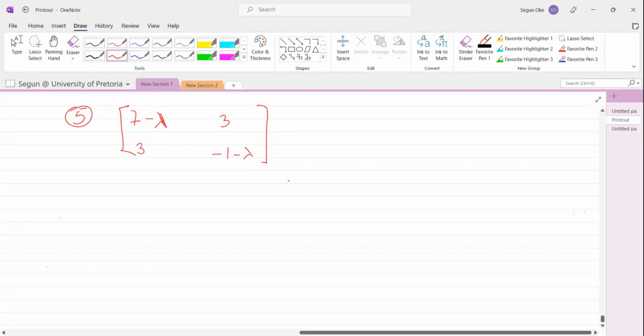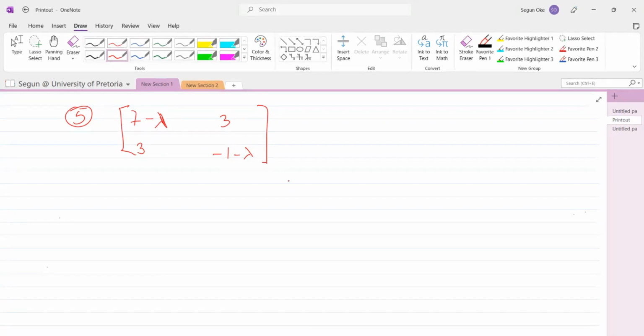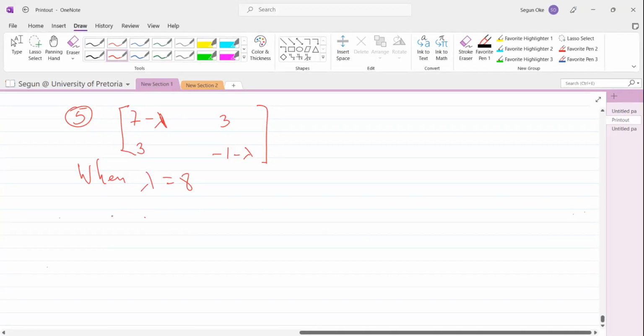Now, this is where your work is interesting, because you have to be careful. We pick the first lambda. We now try it when lambda equals to 8. What do we have in the matrix?